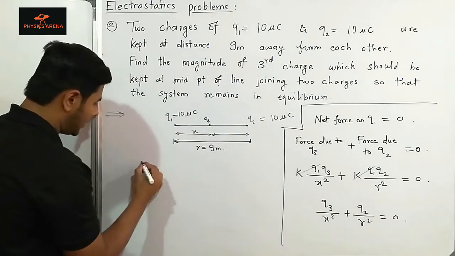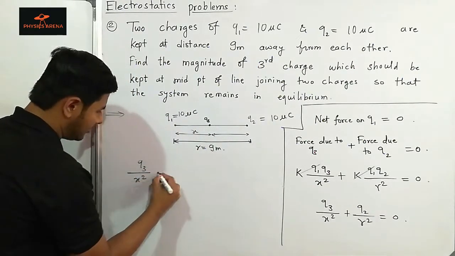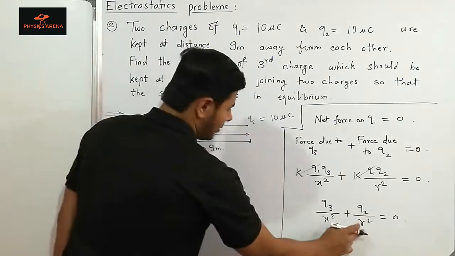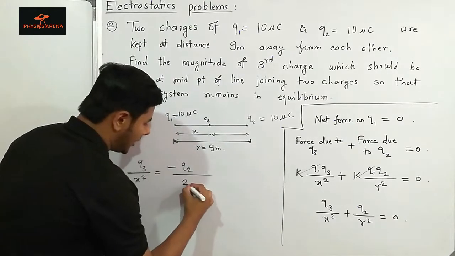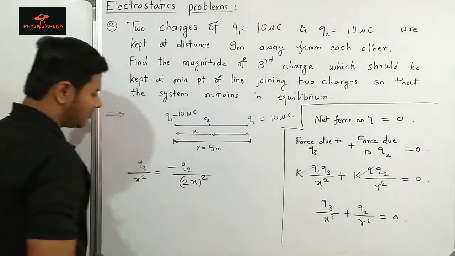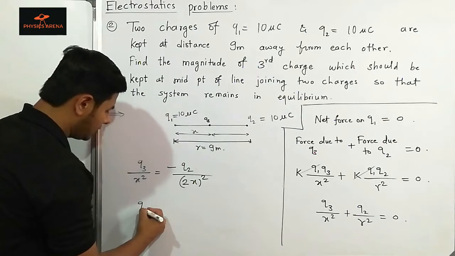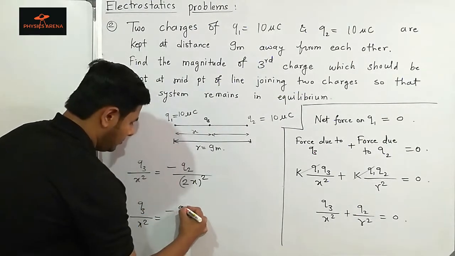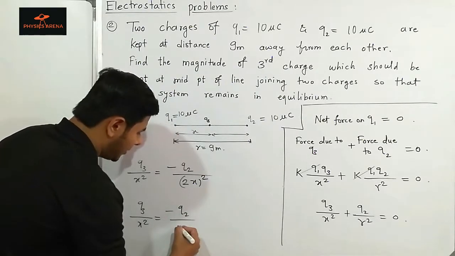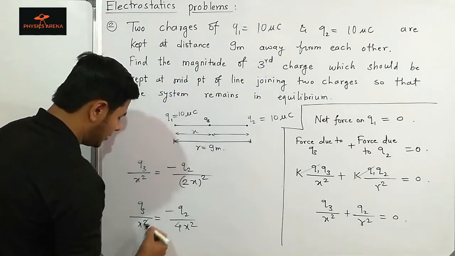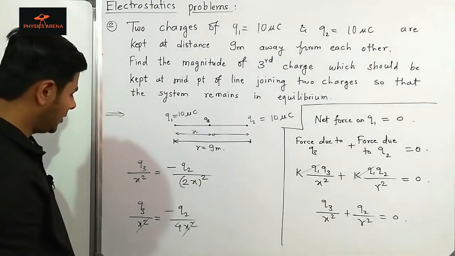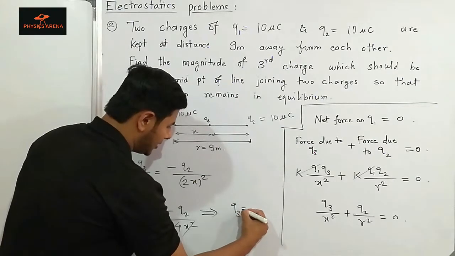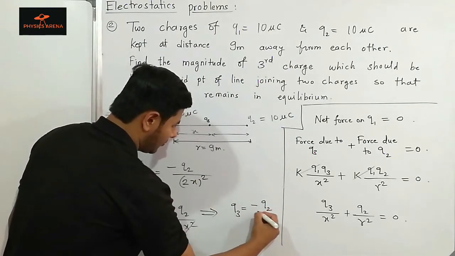So I can write Q3 over x squared equals minus Q2 divided by r squared, which is 2x squared, so Q3 over x squared equals minus Q2 divided by 4x squared. So x squared and x squared get cancelled, and we are left with Q3 equal to minus Q2 divided by 4.